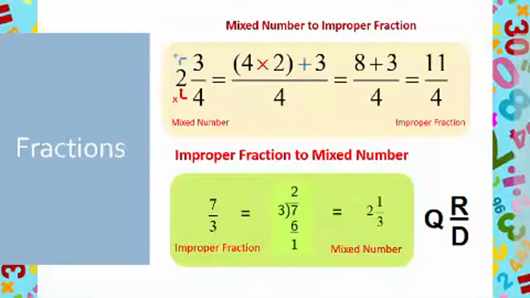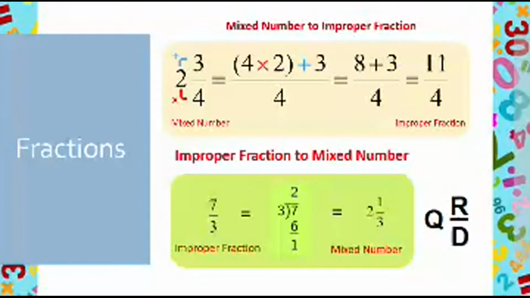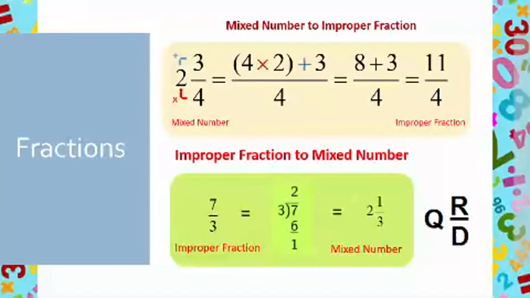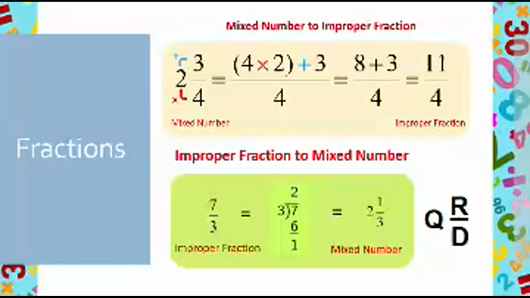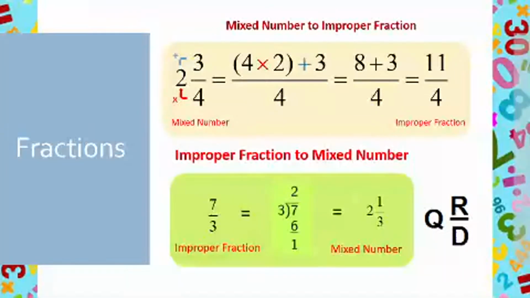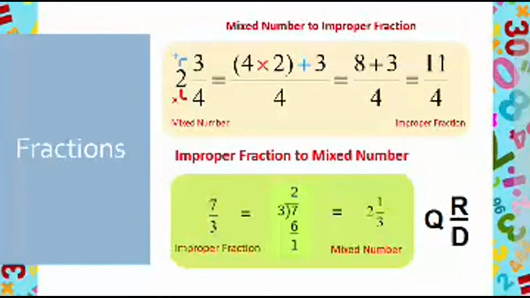And then comes the improper fraction. So the improper fraction given here is 7 upon 3. We divide 7 by 3 the way we usually divide, and after dividing a number we get something as a remainder. So when you are done with your quotient and remainder, your quotient is the whole number, the remainder takes part in the numerator, and the number with which you have divided, the divisor, comes as the denominator.